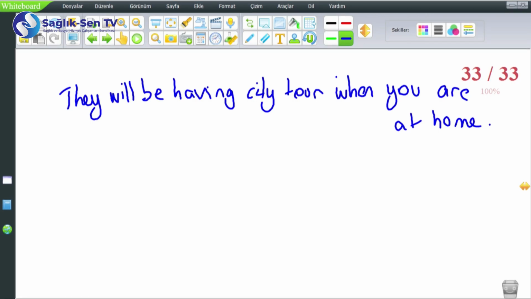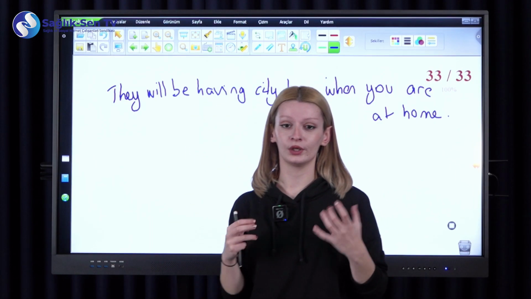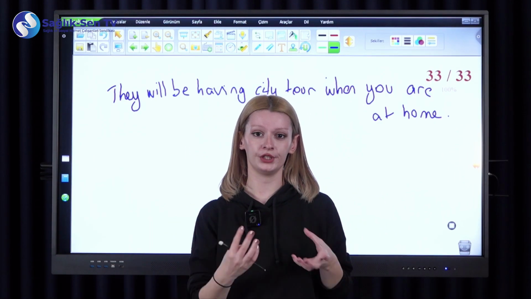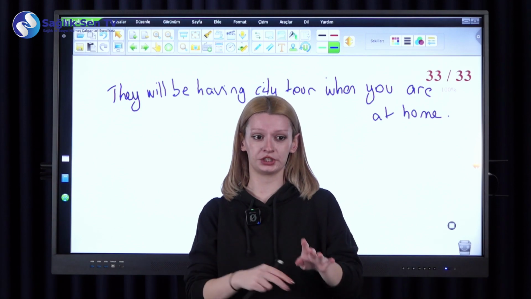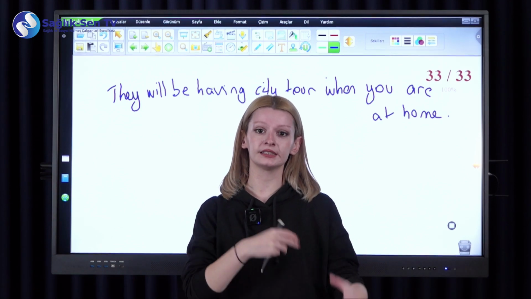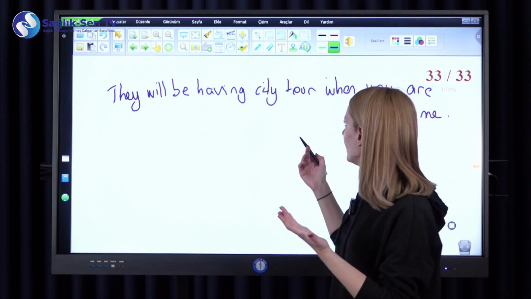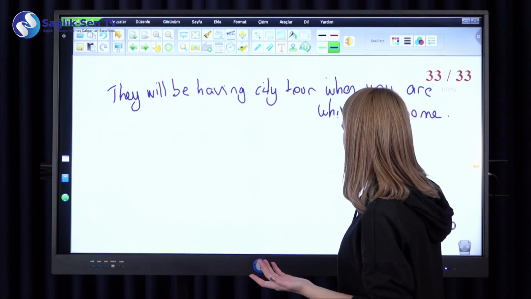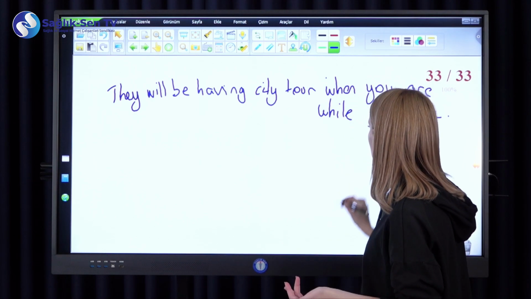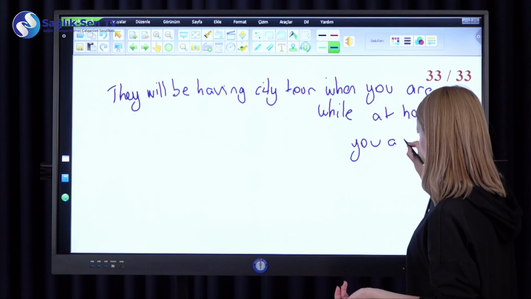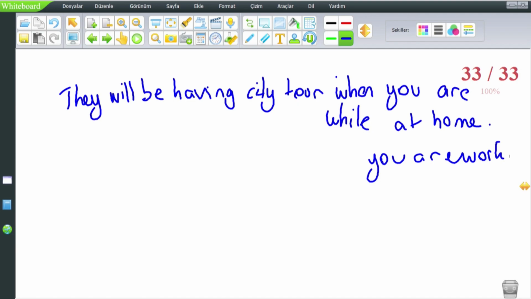Again, we said in the last lesson, when we're using when with future tenses, doesn't matter any future tense, we use present simple in when. It could be while, but if I said while, for example, while you are working, after that I have to use present progressive.